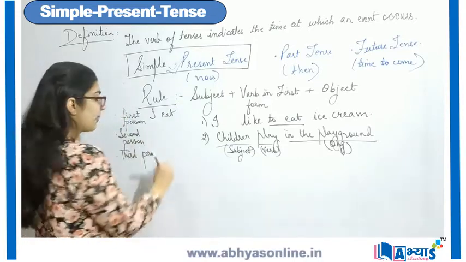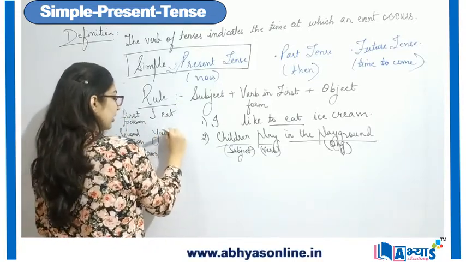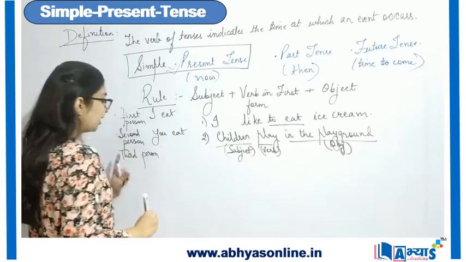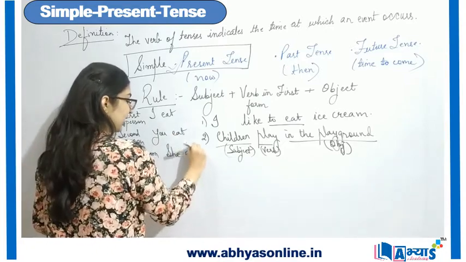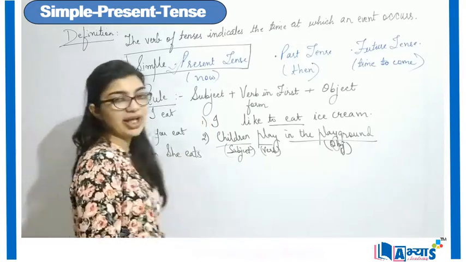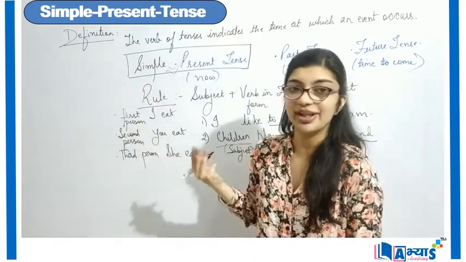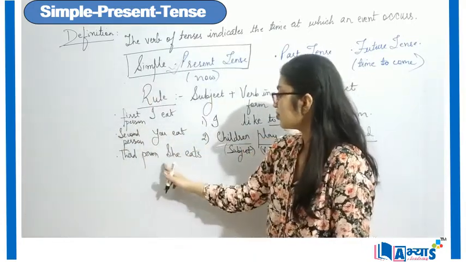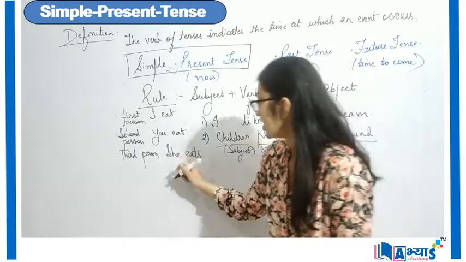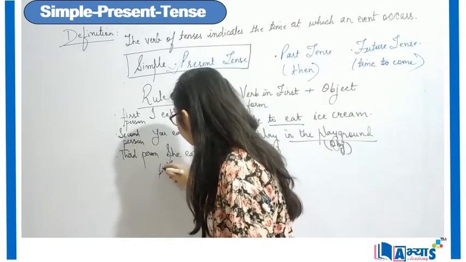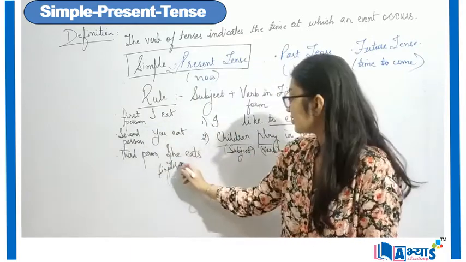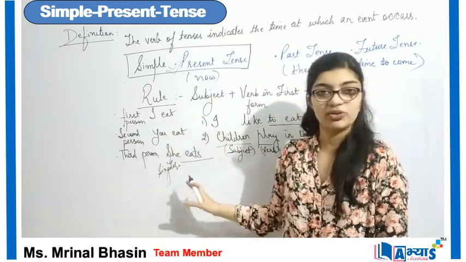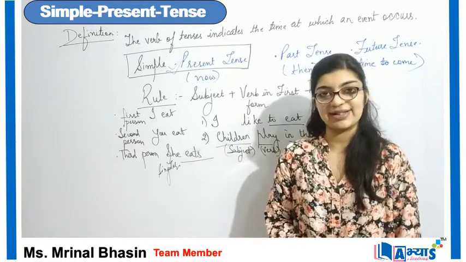Second person example is you eat. And third person example is she eats. Right? It can be they, it can be she, it can be he. I am saying she eats. She is my singular subject, and for singular subject we will use the verb plus s. Right?